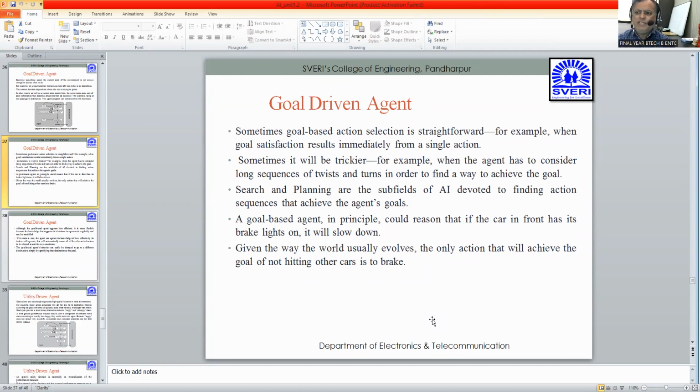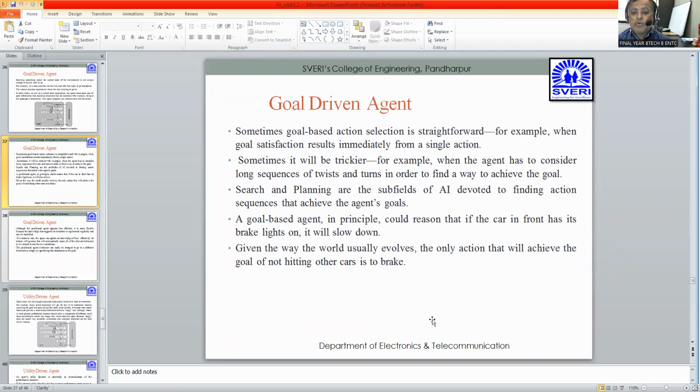So there are two ways. One is very straightforward, which can be done by a single action. The second could be a zigzag path, with a long sequence of twists and turns in order to achieve the goal. Search and planning are the subfields of AI devoted to finding action sequences that achieve the agent's goal.